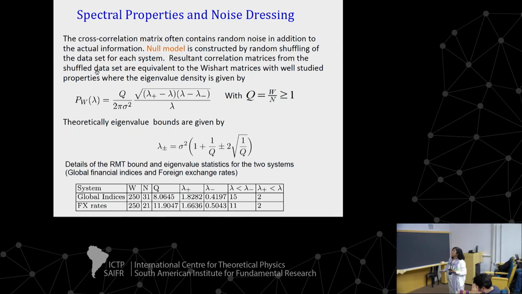So there are 31 countries in the global indices, and for the FX rates, the exchange rates, there are 21. So these extreme bounds of the null model are these numbers. Okay, so the extreme lambda plus is 1.8, and the lower one is this, and for FX rates it is 1.6 and 0.8.